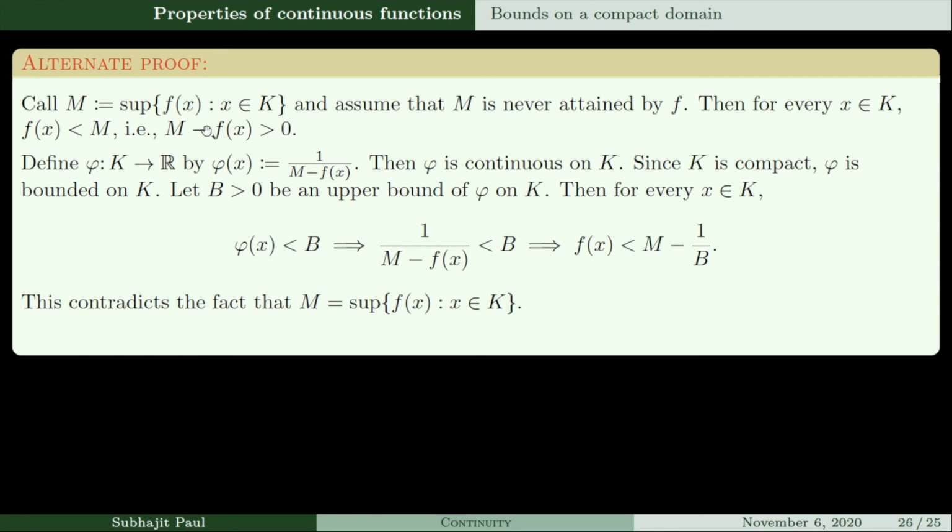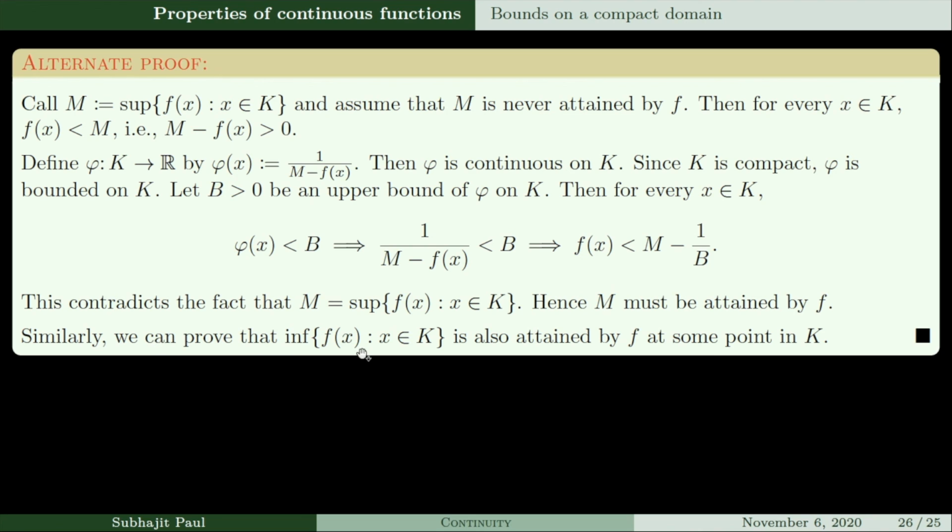So capital M cannot be the least upper bound. That is a contradiction. Hence, M must be attained by f, so that we can never define this function phi(x) equal to 1 over (M minus f(x)). Similarly, we can prove that the infimum of f over K is also attained by f at some point in K.